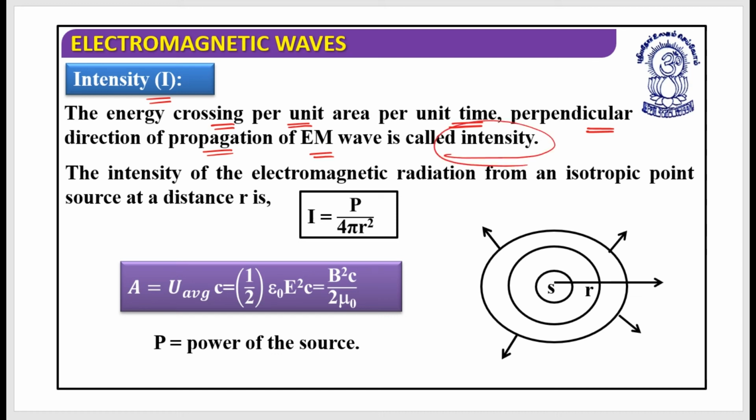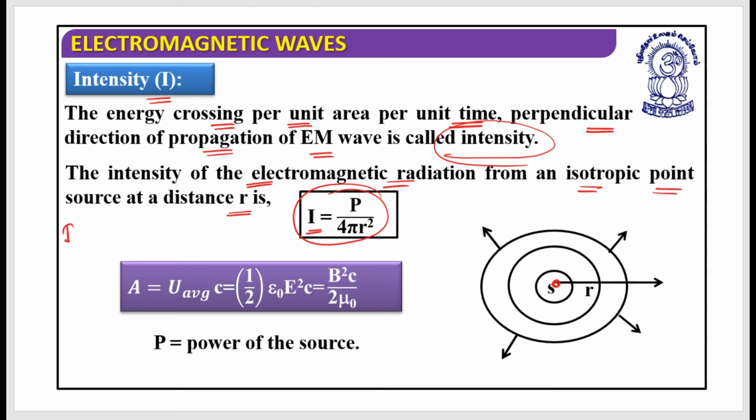Now let's discuss the intensity for a point source. The intensity of the electromagnetic radiation from an isotropic point source at a distance r is given as I equals P divided by 4 pi r square.